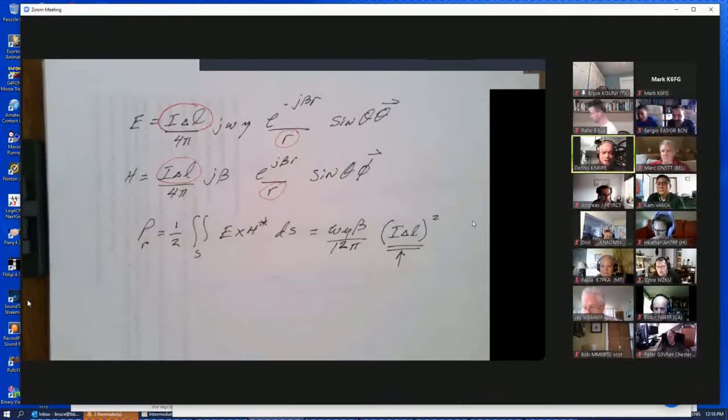I have a question specifically towards magnetic loops. By this equation, a small transmitting magnetic loop has poor efficiency to begin with. It depends on the size of the loop. What's the total length around the loop?